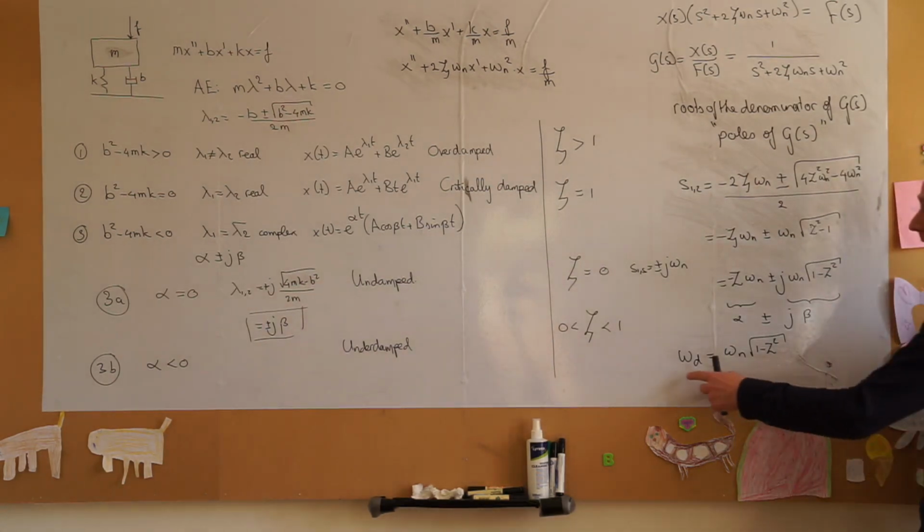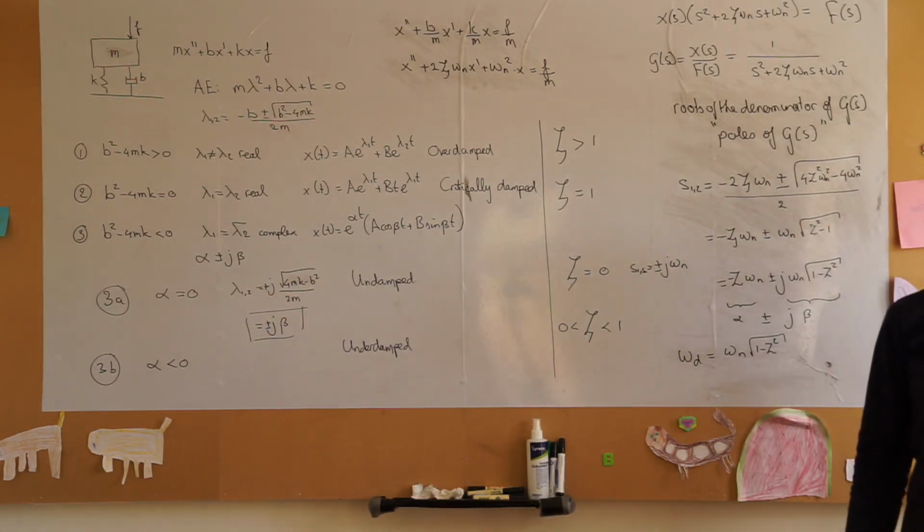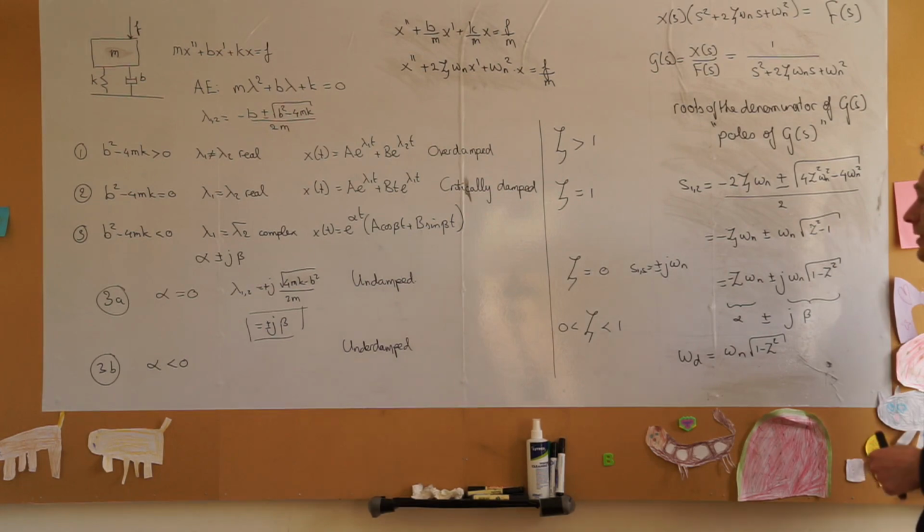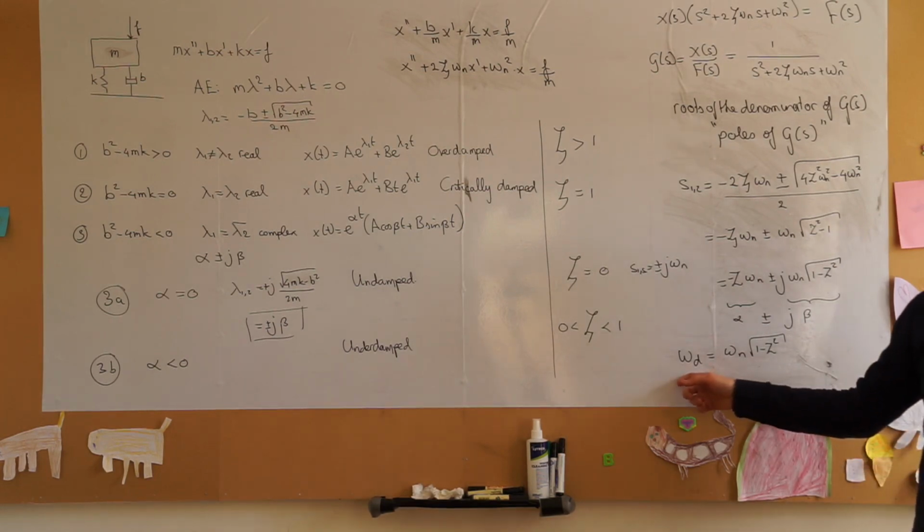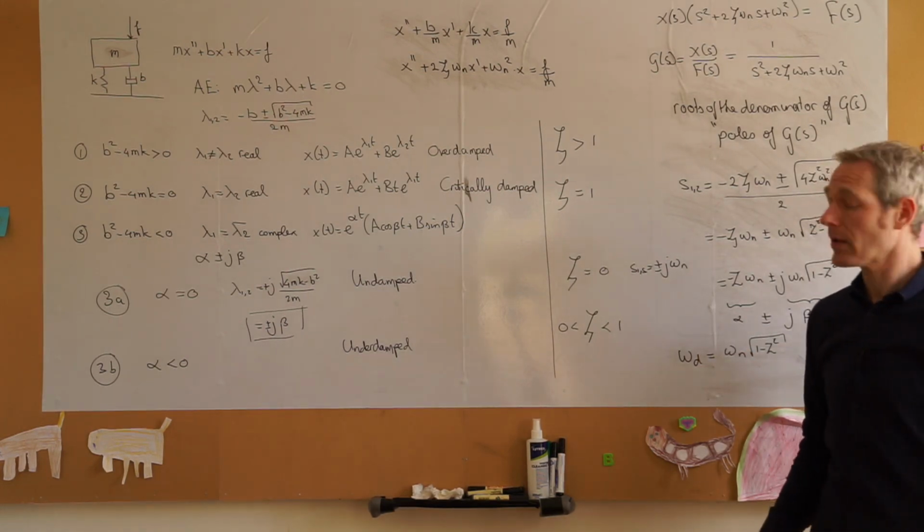And we have a frequency of the system that is not equal to the natural frequency in the case of damping, which is given by this formula. All right.